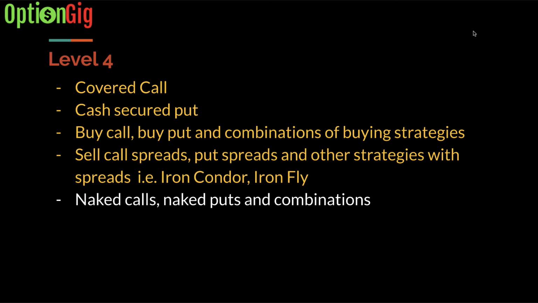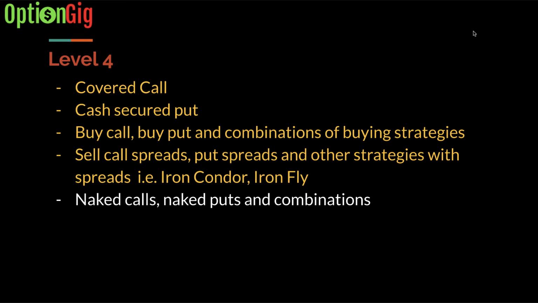Now some broker houses might have level 5, in which they allow options on indices. They don't allow options on indices at level 4, but they may have a separate level for allowing naked calls and puts on indices. But if it is not mentioned as level 5, it means in level 4 you get that privilege. But this is the highest level of privilege.